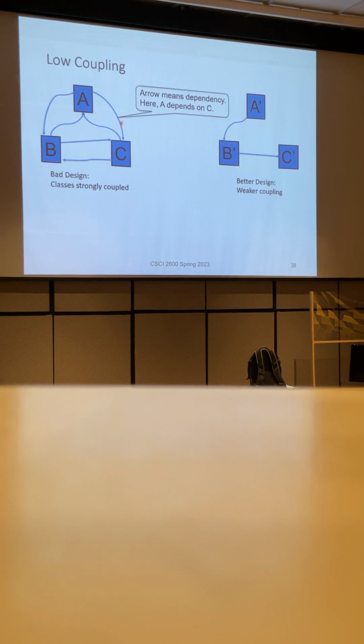And if you look at this graph on the left, you may notice that it's a so-called complete graph. So it has the maximum number of edges for a graph with 3 nodes. It has 6 directed edges, which means everything is coupled to everything else. That's the worst nightmare. So we definitely want to improve this design if at all possible, so that we have fewer dependencies, less coupling.